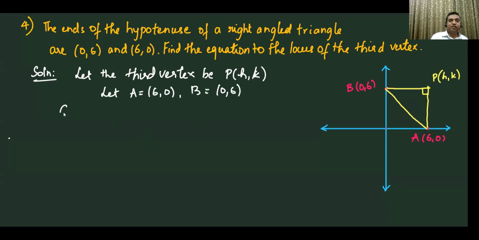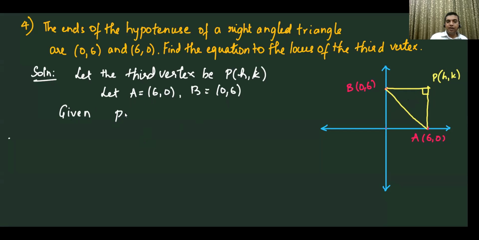The condition is not directly specified, but through the words. It is not said that PA square plus PB square is equal to AB square. That is not given. But because it's a right angle triangle, we deduce the condition. What is the condition?